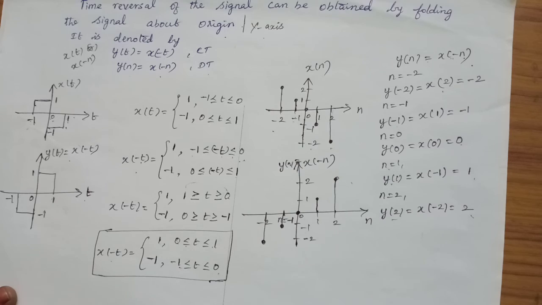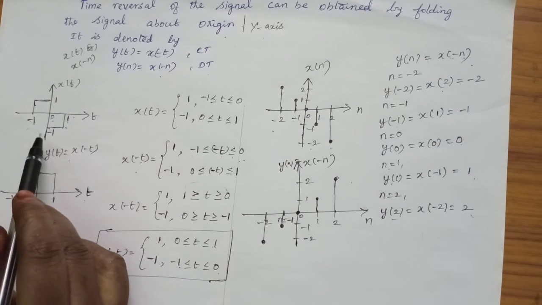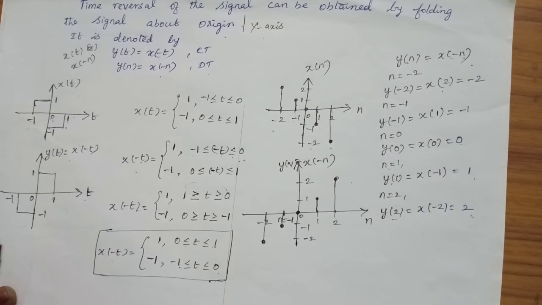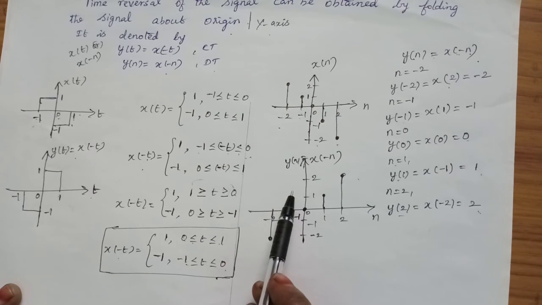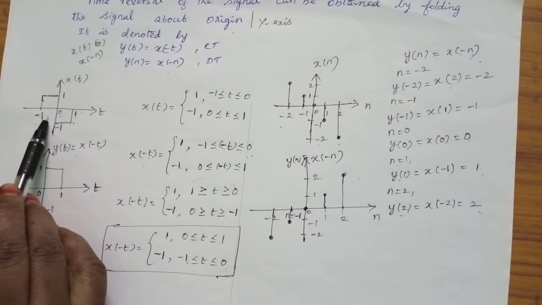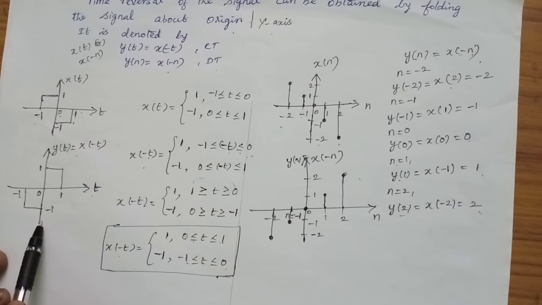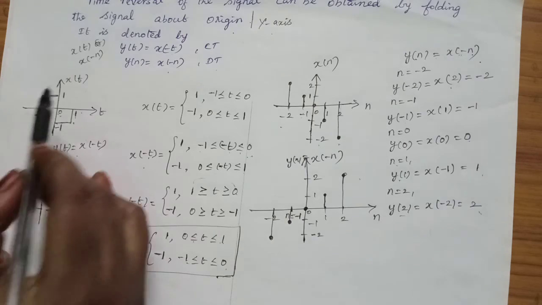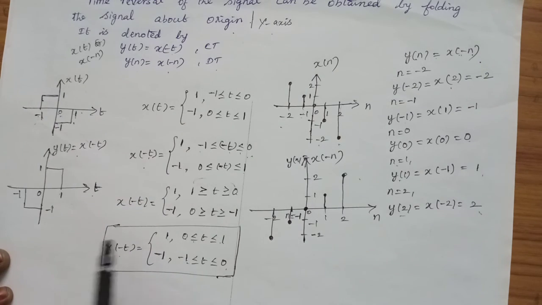If you observe, x of t and x of minus t, and x of n with x of minus n, it looks like a mirror image concept. That is, x of t is the mirror image of x of minus t. Similarly, x of minus t is the mirror image of x of t. The same holds for the discrete domain also.